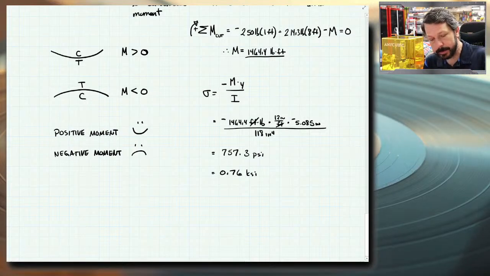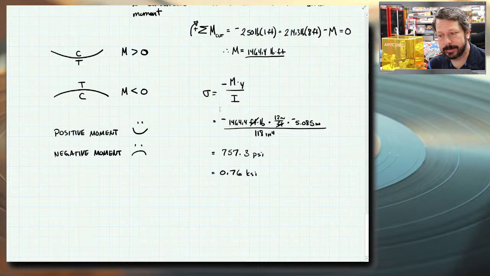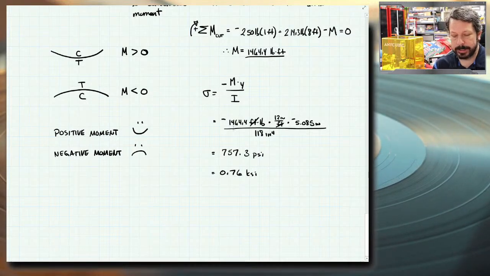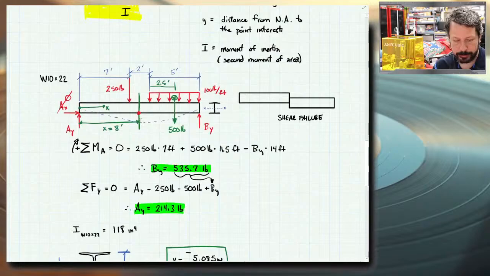If you remember, the tensile strength of a steel is like 30, 36, 33, 32. You know, it's a 30,000 psi, somewhere in that range. And we're at 800 psi. So we're nowhere near at this point in the beam. So at this point right here, we are nowhere near any kind of failure from flexural stress.